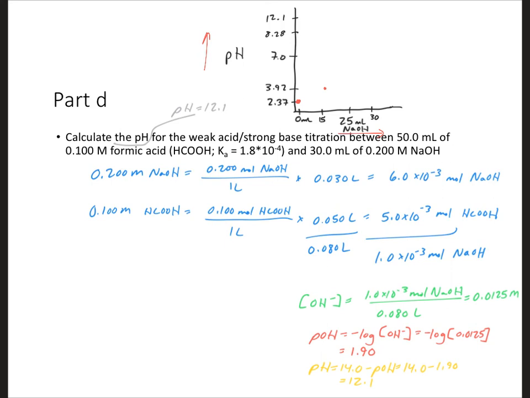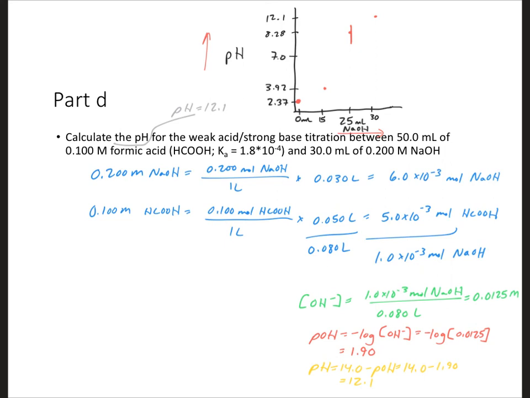When we eventually got to 25 milliliters of that sodium hydroxide, we were up to 8.28, and when we got to 30 milliliters, we were up to 12.1. And so this isn't really drawn to scale, like the ones that we did, but we can anticipate what this curve would look like, right? Because the 8.28 was our equivalence point, and so we're expecting to have some type of vertical line there.